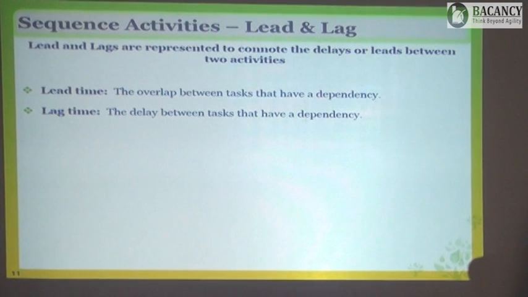So let's say you have two activities here: requirement gathering and requirement analysis. These activities require 10 days each respectively. Total time needed for these two activities is what? 20 days.